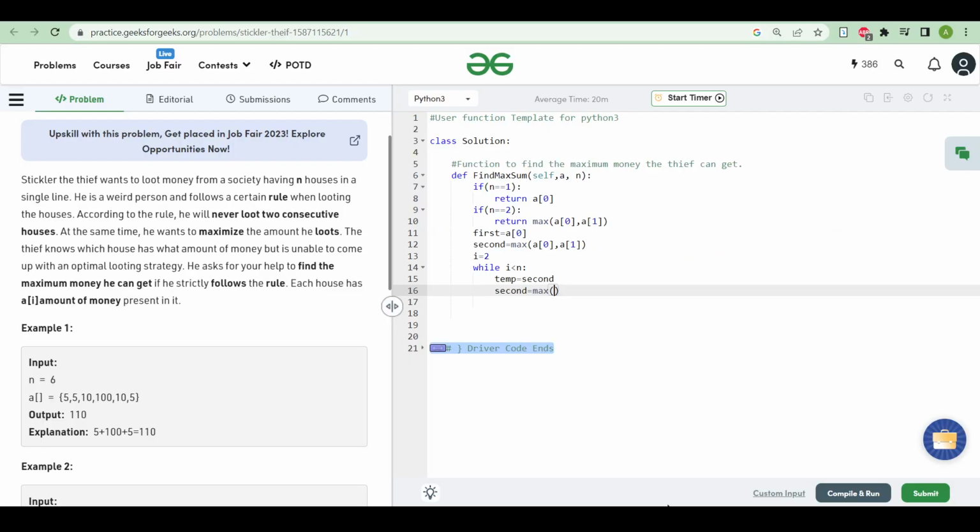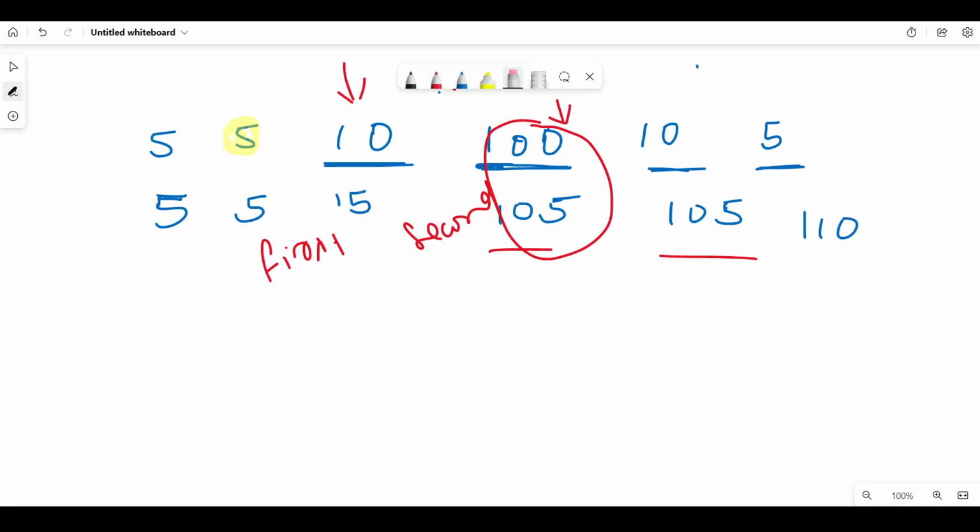By applying this formula that I have used, it is the maximum of what: I will skip this, and I will add the money of the house that is previous to its previous house and its own money.